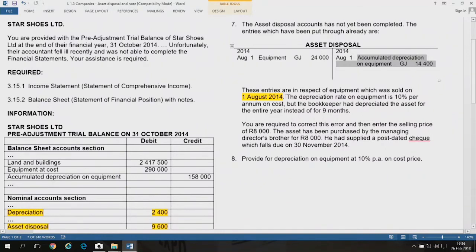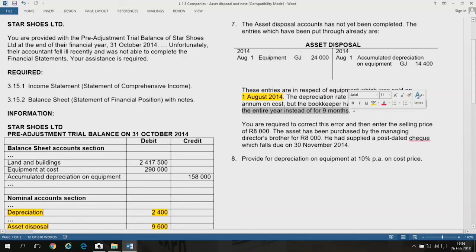These entries are in respect of equipment which was sold on the 1st of August. The depreciation rate on equipment is 10% per annum on the cost, and we always smile when it's on the cost because we know this is the easy one, not the diminishing balance. But the bookkeeper had depreciated the asset for the entire year instead of for only 9 months. Where does the 9 months come from?